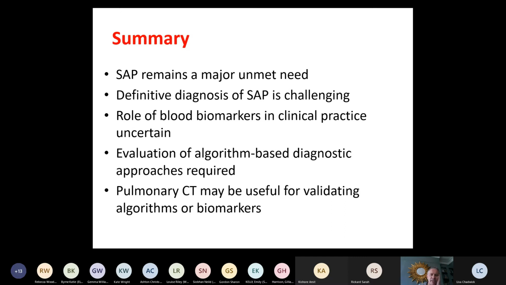Evaluation of algorithm-based diagnostic approaches is required, but they seem certainly to be superior and a better approach than clinicians just making it up as they go along. And it might be that pulmonary CT could be a useful way of approaching all of this in the future in terms of validating algorithms or biomarkers. Next slide, please.